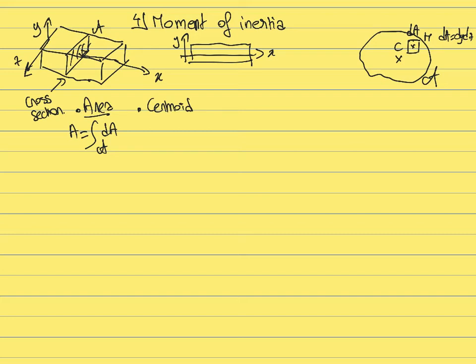So if you want to calculate the centroid of an arbitrary surface like this, you need to calculate the average position x and the average position y of this surface.